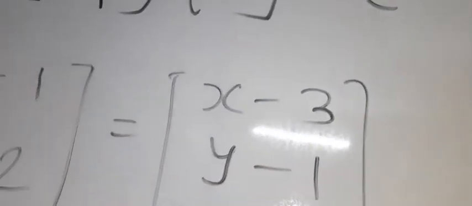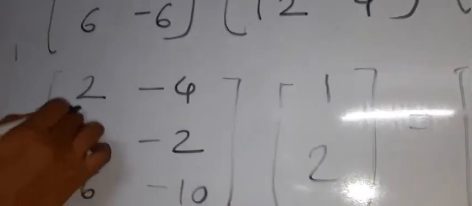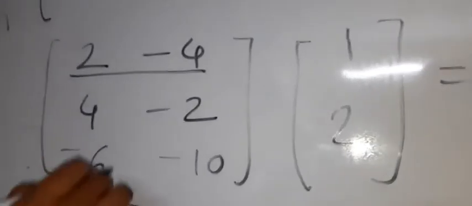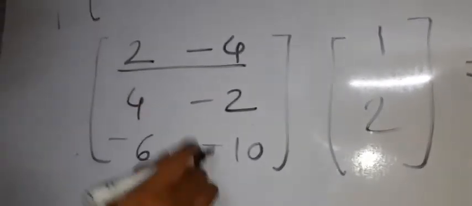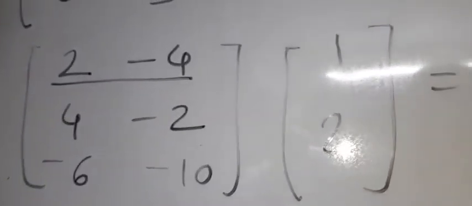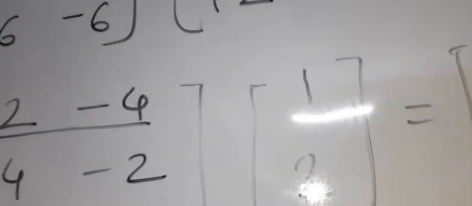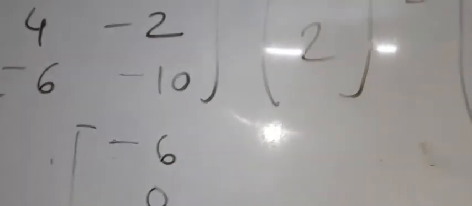Now this row is multiplied to this column. What we get: 2 minus 8, minus 6. 4 minus 4, 0. Minus 6, minus 6, minus 20, that is minus 26.